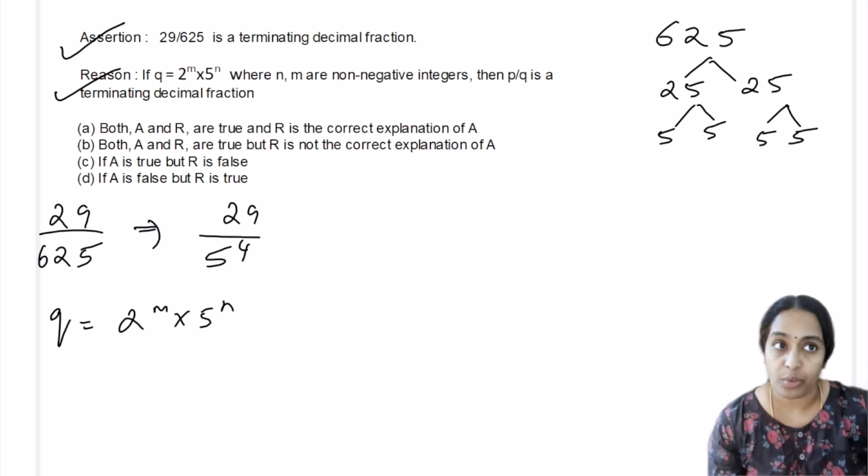See, when both assertion and reason are true, children, you have to make sure whether it is option A or option B. Option A says assertion and reason are true, reason is the correct explanation for assertion. Option B says assertion and reason are true, reason is not the correct explanation for assertion. So here reason is definitely the explanation for the assertion statement. So option A is the correct answer.